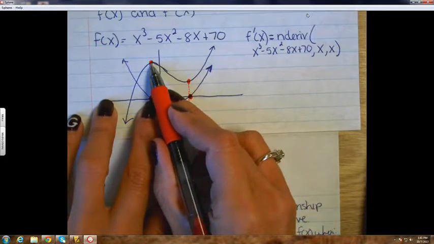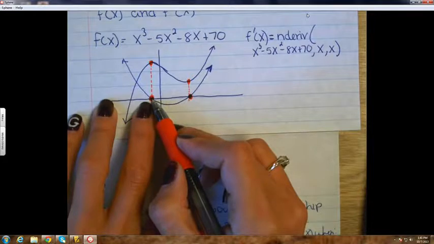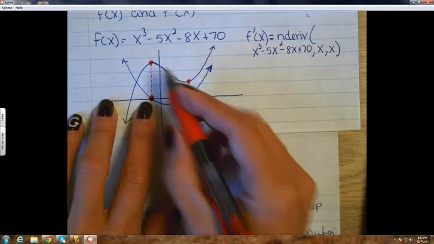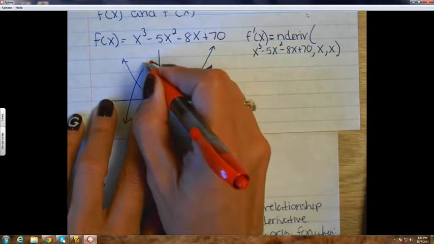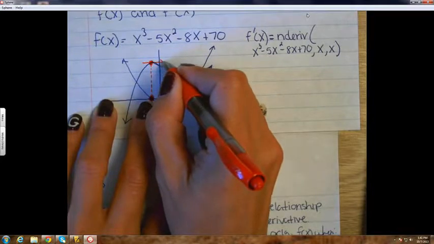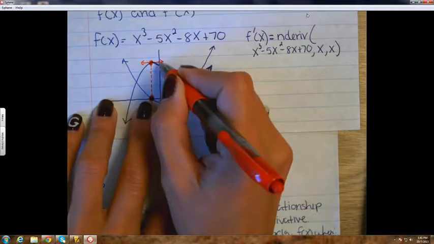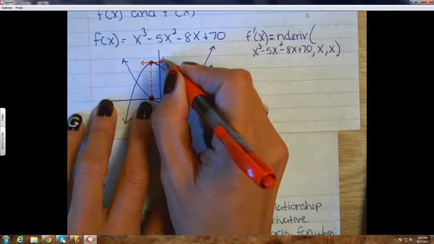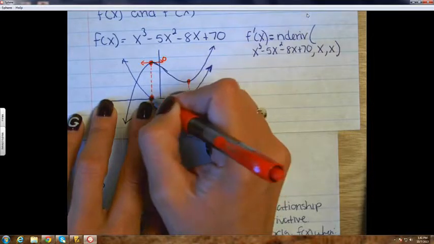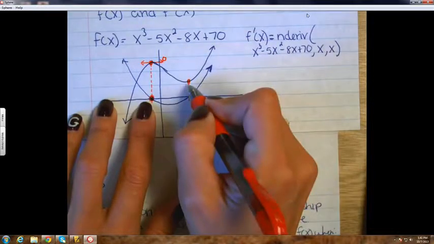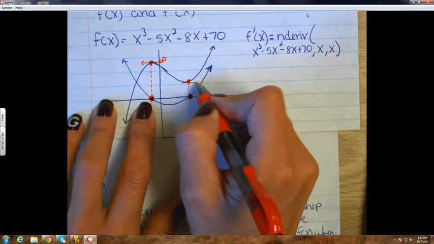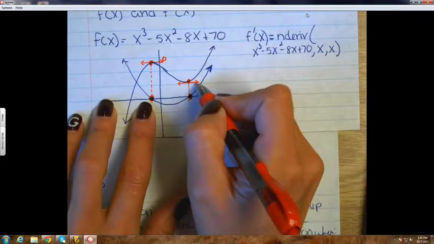And think about, derivatives are slopes of tangent lines. Well, if I'm at a max, the tangent line is horizontal. What's the slope of a horizontal line? It's 0. That's why the derivative is 0. Same logical reasoning down here. If I'm at a minimum, the tangent line is horizontal, making the slope 0, so the derivative is 0.